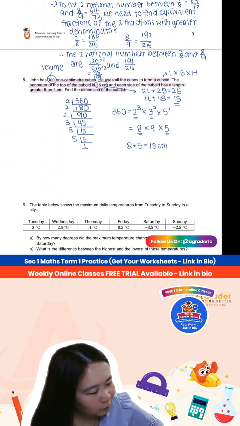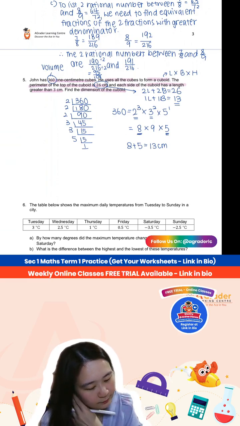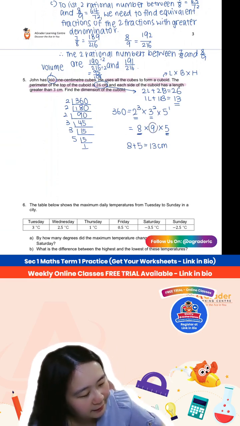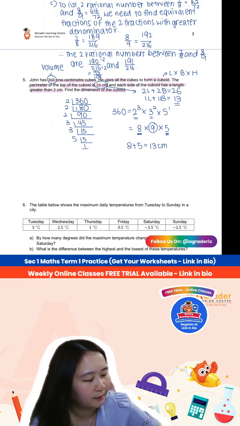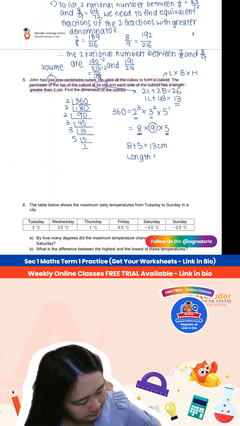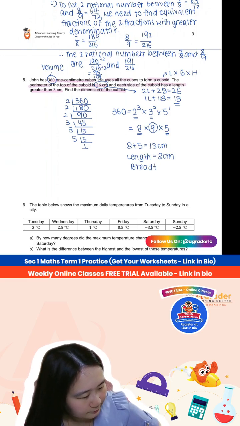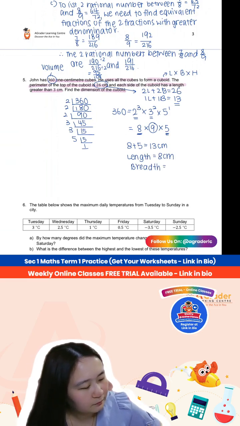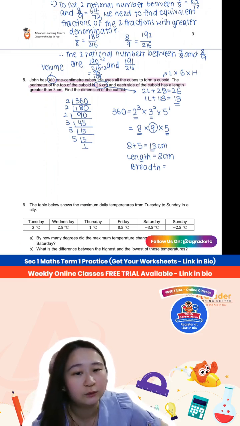Okay, so this means that this and this can be my length and my breadth of the cuboid, and then the height will be 9. Okay, so this is the possible answer here. When you try the other way, and if you are unable to have two figures that add up to 13, it means the combination is wrong.